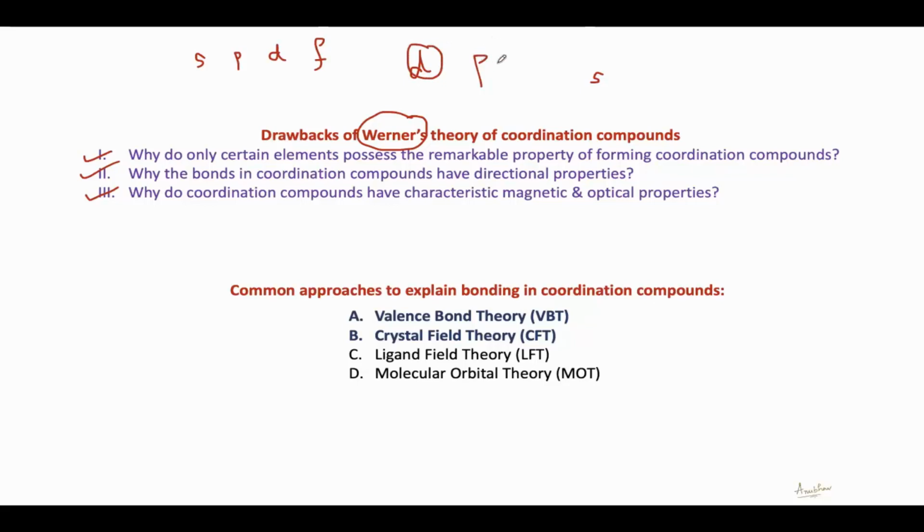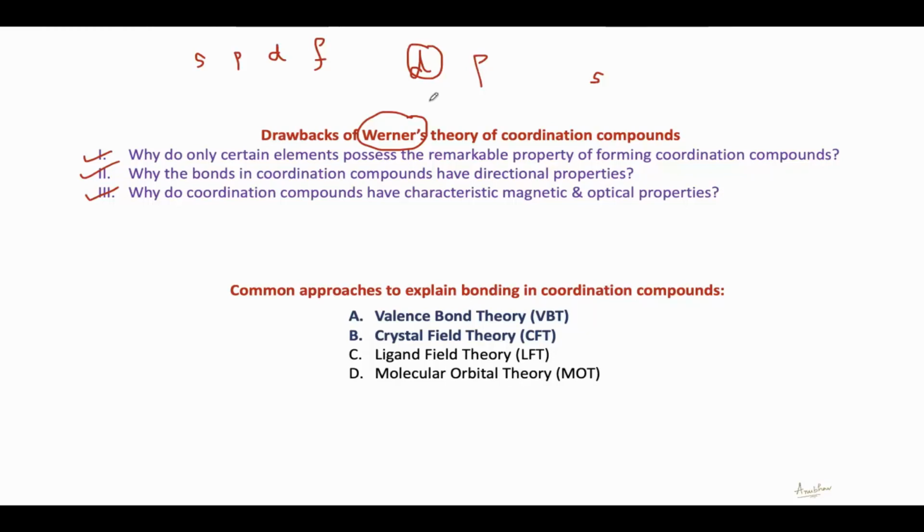There are some P block elements that can produce coordination compounds, but the number is not that much. So basically the transition elements, the D block elements, are the only elements which possess this remarkable property to form coordination complexes. Werner's theory is unsuccessful in answering this question.